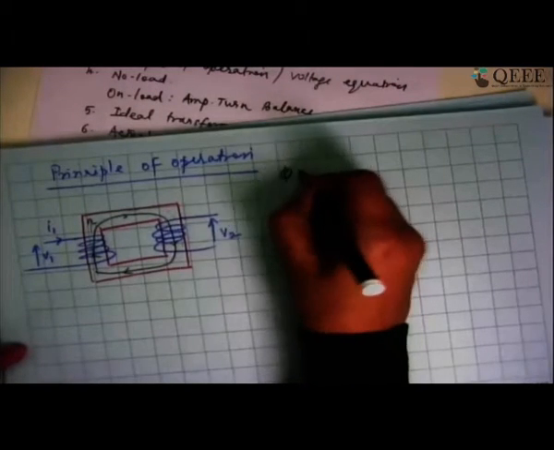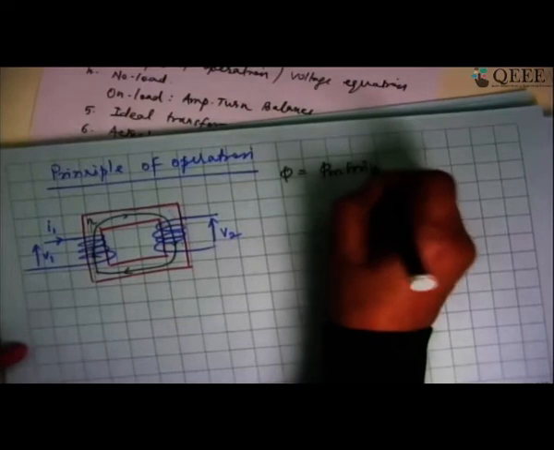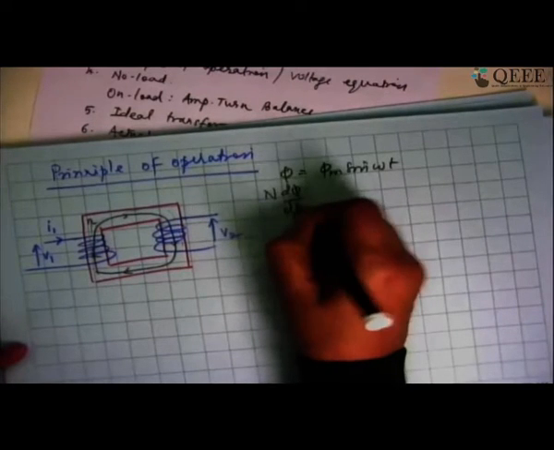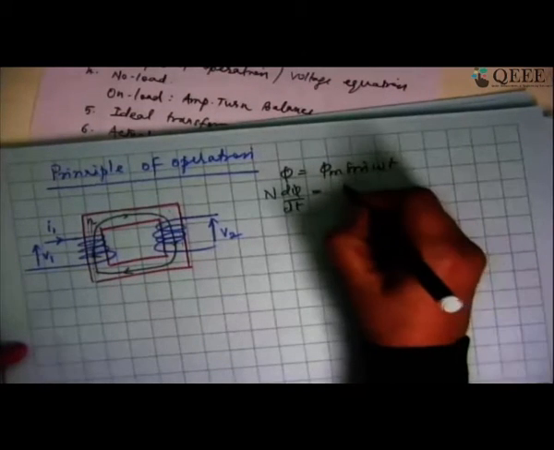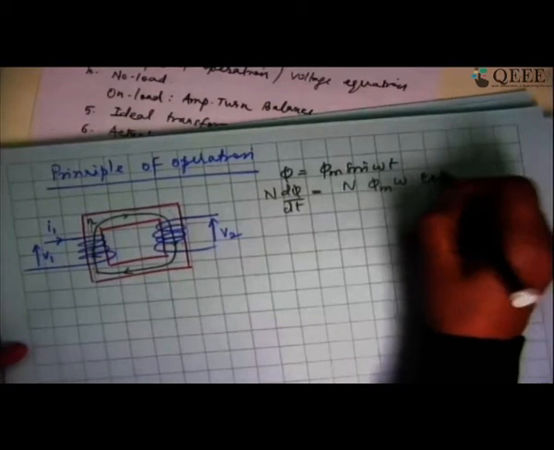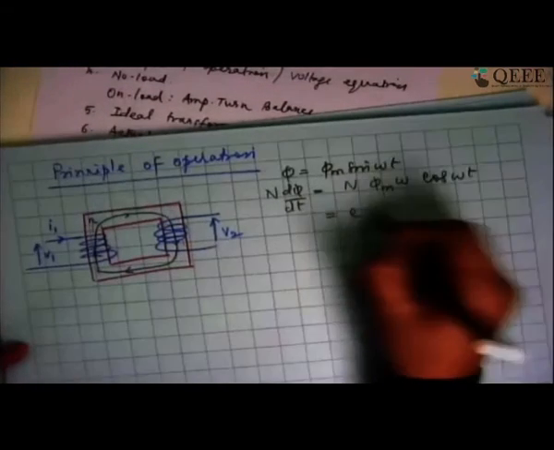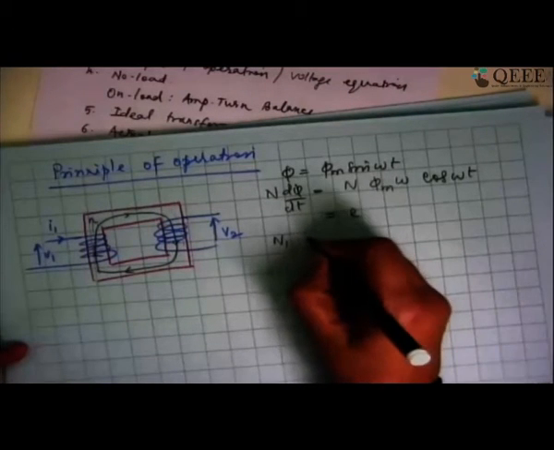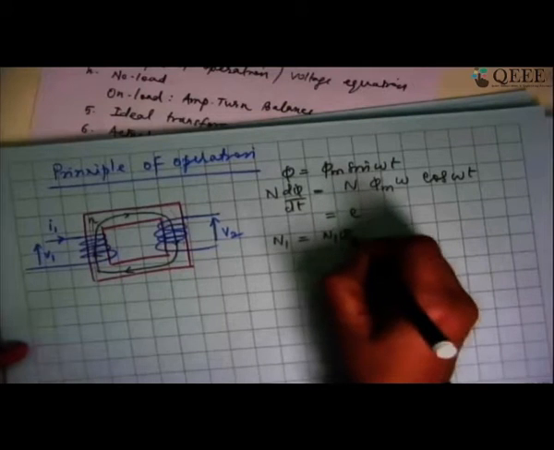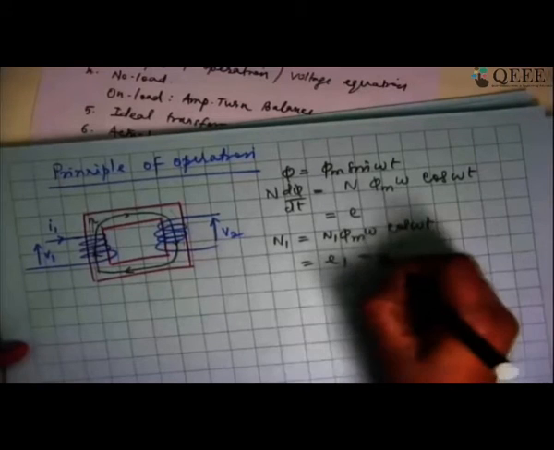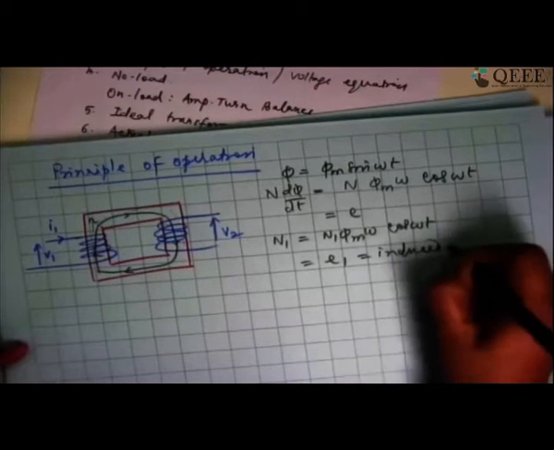Let us say the flux is equal to phi m sine omega t. Then n into d phi by dt will be equal to n multiplied by phi m multiplied by omega multiplied by cosine omega t. This is going to be the induced EMF. If I take N1 as the number of turns in the primary, I am going to have N1 phi m omega cos omega t as E1, the induced EMF in the primary.